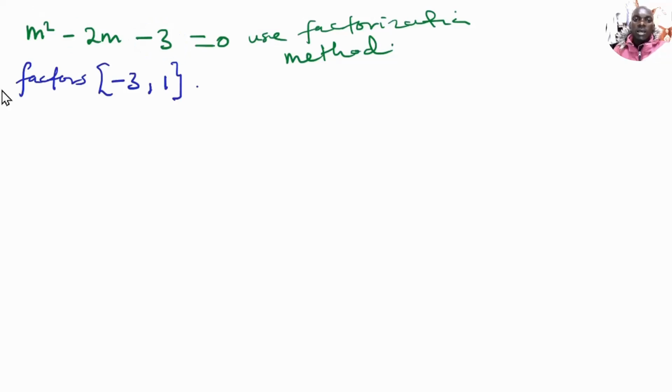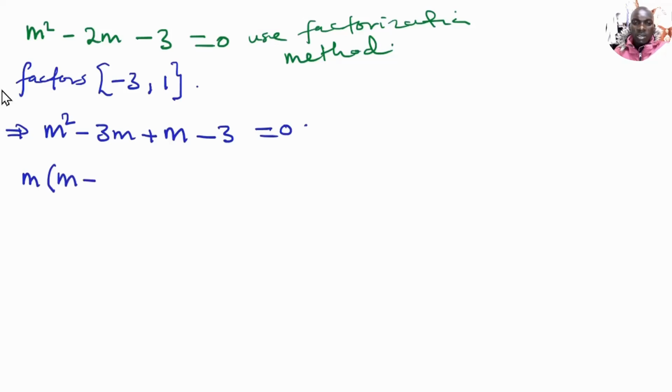So from here, as we proceed, this implies that we have m squared minus 3m plus 1m minus 3 equal to 0. From here we can factorize out m. M is common, and we remain with m minus 3 under the brackets, plus the common one here is 1 into m minus 3, close the brackets, equal to 0.